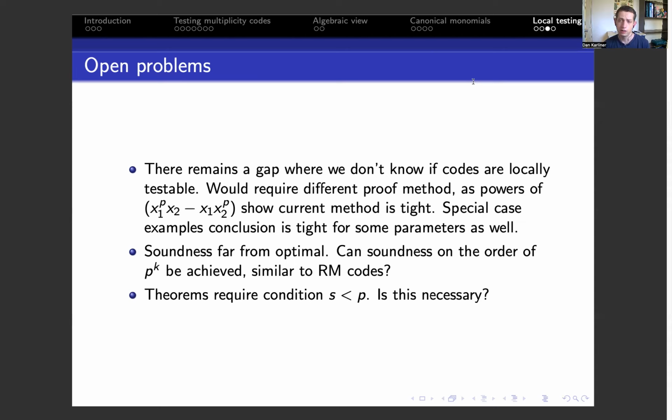We suspect that our lower bound is the correct one, and that's for two reasons. One is that our current proof method very much stalls at this value, because if you look at powers of x1 to the p, x2 minus x1, x2 to the p, and raise it to the power k, this gives us a polynomial with k degrees that cannot be moved from x2 to x1.